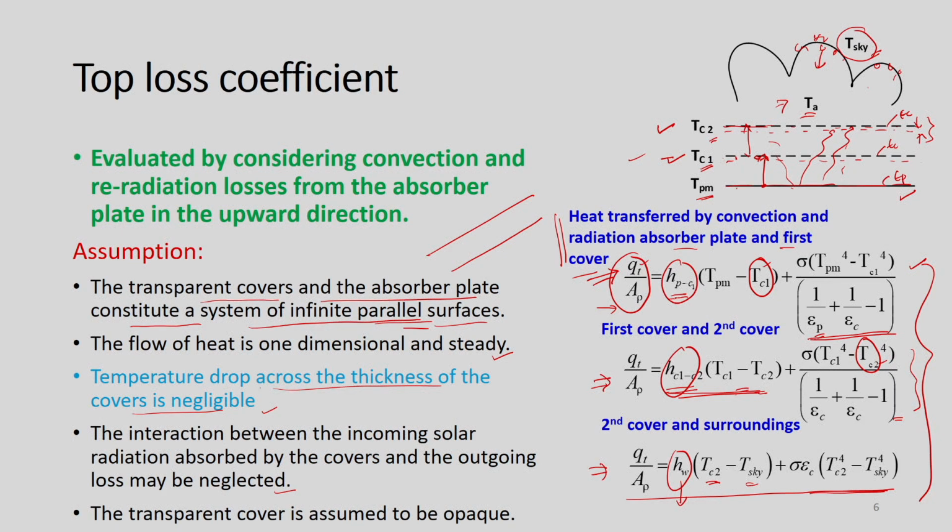But this HPC1, this heat transfer coefficient, is for heat exchanging from the plate to cover 1, then from cover 1 to cover 2, and then from cover 2 to the ambient. So, we can use some correlations to calculate these heat transfer coefficients. Let us learn how these correlations can be utilized to calculate heat transfer coefficient between the parallel plates.